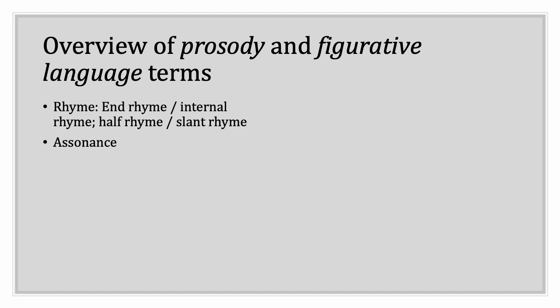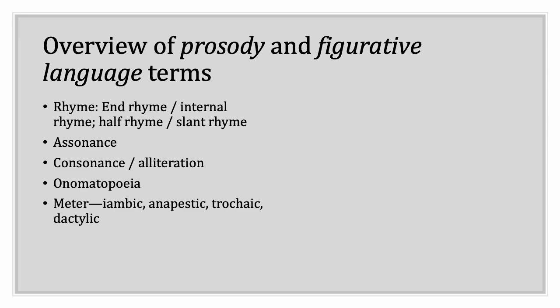You have the aspect of assonance, which is repetition of similar vowel sounds. You have alliteration, now called consonance, which is repetition of consonant sounds. You have onomatopoeia, when things sound like what they are, like the word drip sounds a little bit like a drip.